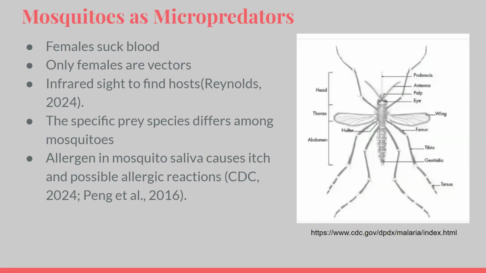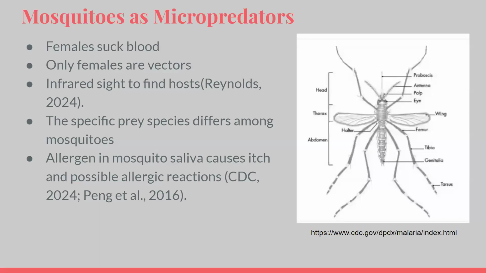So only the females suck blood and the males do not, so that's why the females are the vectors. Mosquitoes are able to use infrared sight to find their hosts, which is why warm-bodied mammals are very commonly preyed upon compared to, say, reptiles. The specific prey species differs among mosquitoes, which is why different mosquitoes can transmit different types of parasitic organisms and pathogens.